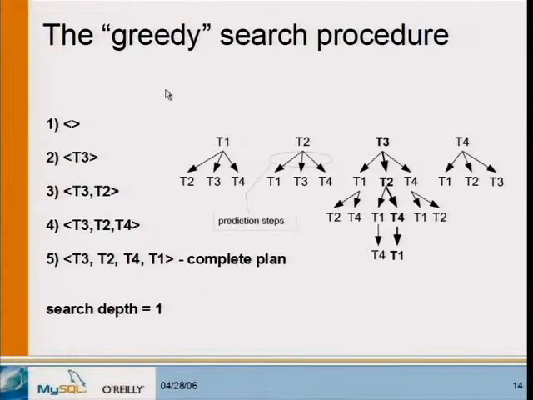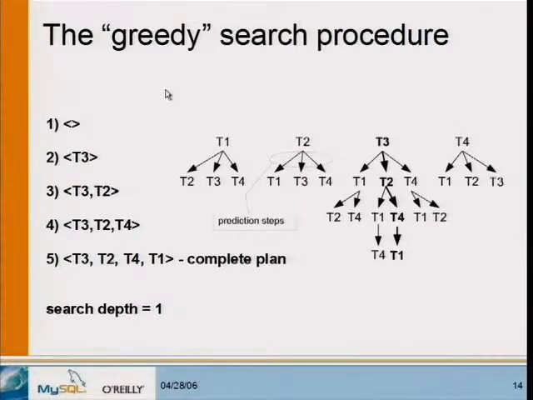Now, this is a visual representation of the algorithm. Suppose we start with an empty plan, and on the next step, we want to pick the first table in the plan. The way we do it, we go through each of the tables, and in this particular case, I have to make the image smaller, so I use the minimal possible depth. Suppose we look just one step further.